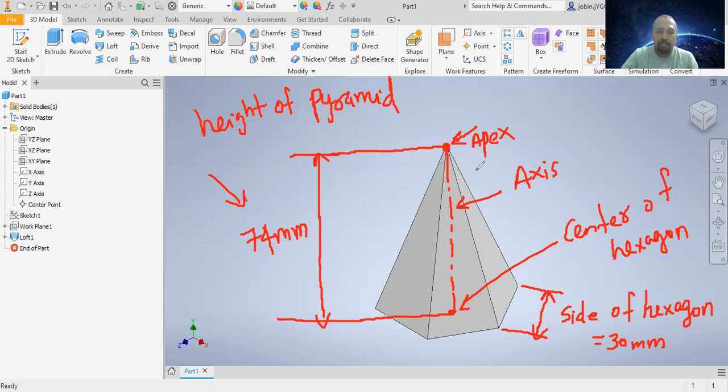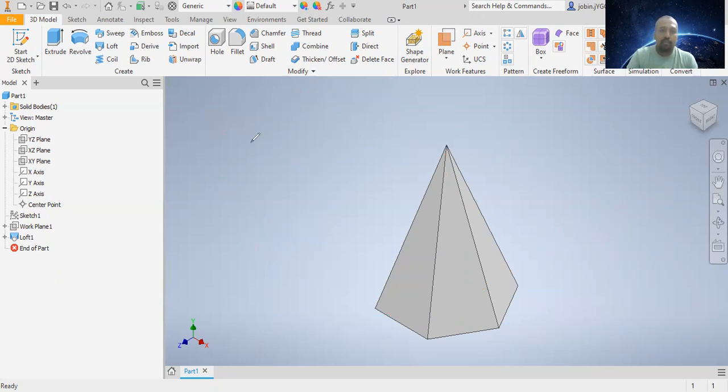So that is the case of the object. And it is placed in such a way that one side of the base is parallel to VP. So I will draw the HP and VP.